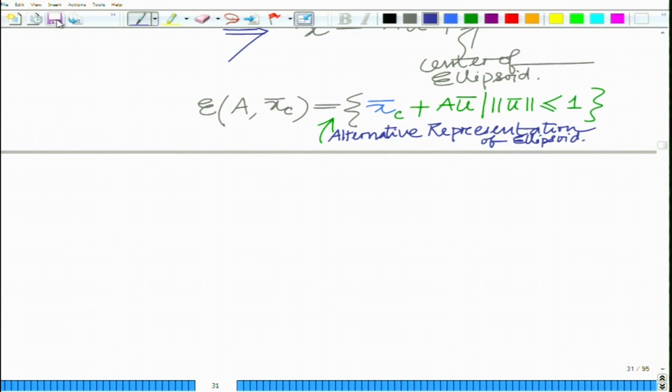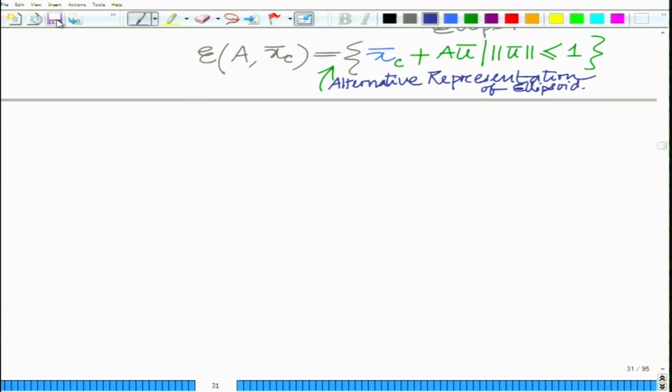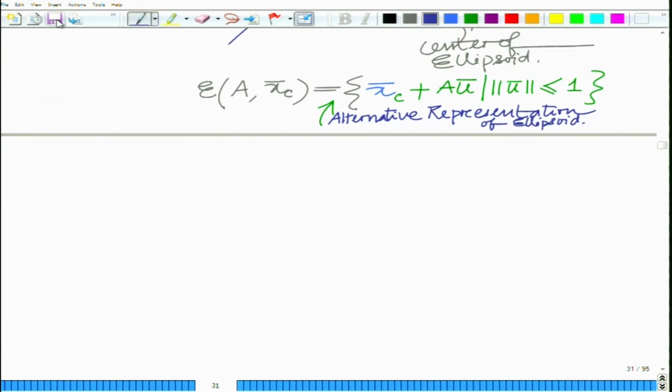All right, ellipsoidal region corresponding to a matrix A and the center x c bar.